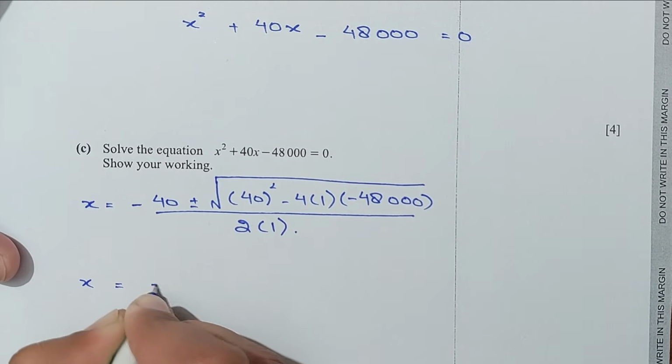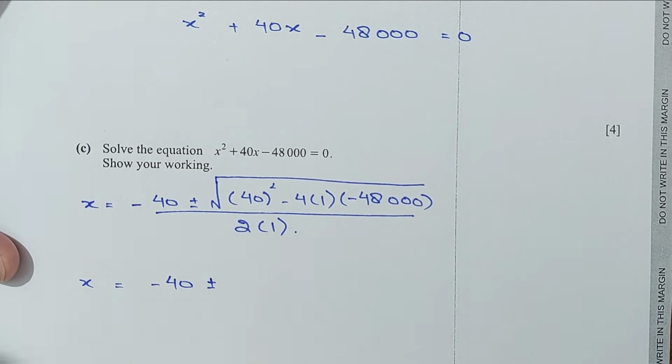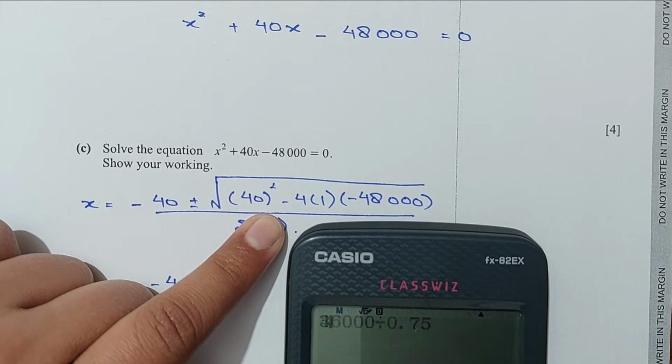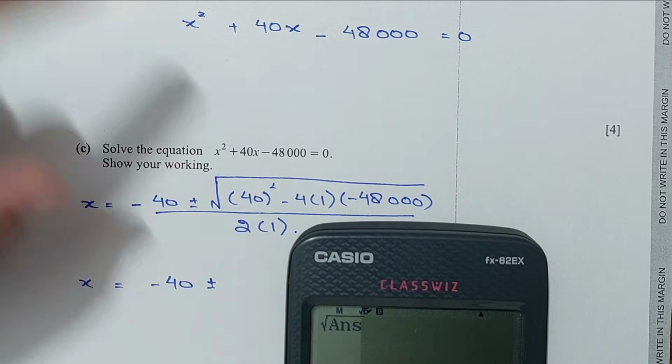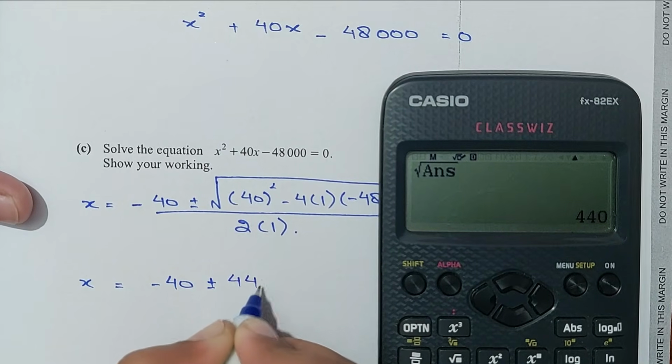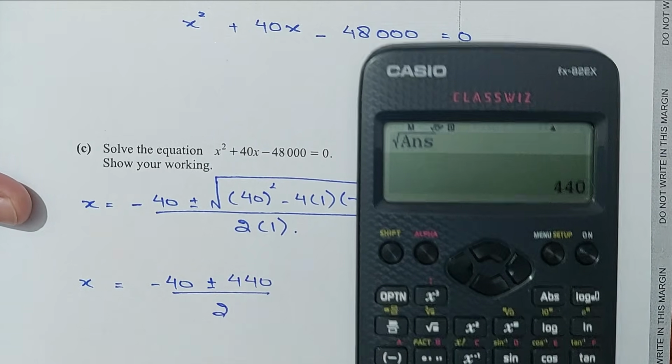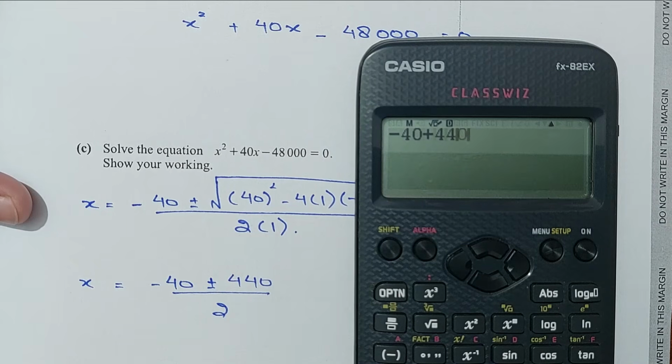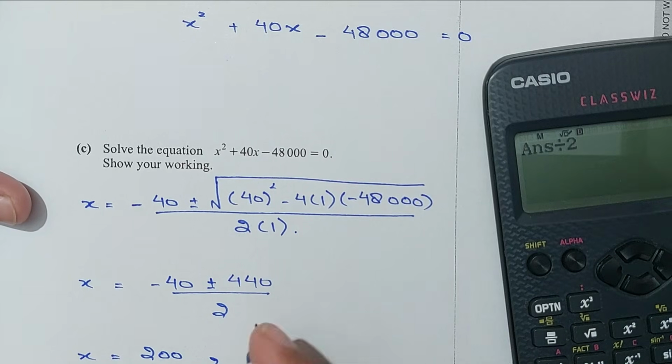So x equals negative 40 plus or minus the square root of, negative times negative is positive, 4 times 48,000 added to 40 squared, and the square root of the answer is 440, divided by 2. Minus 40 plus 440 divided by 2 is 200, so x equals 200, or minus 40 minus 440 divided by 2 is minus 240. So these are the two solutions.